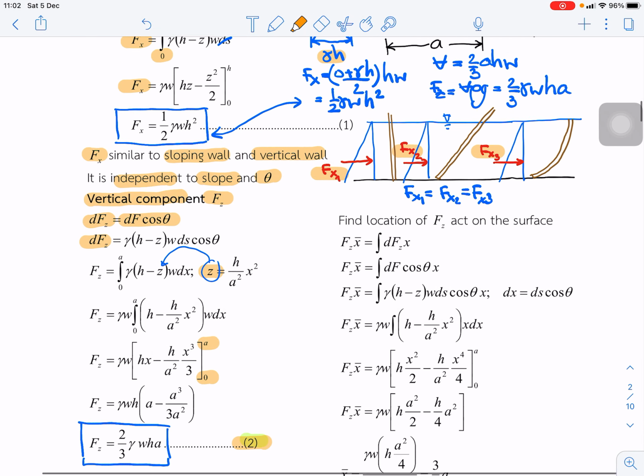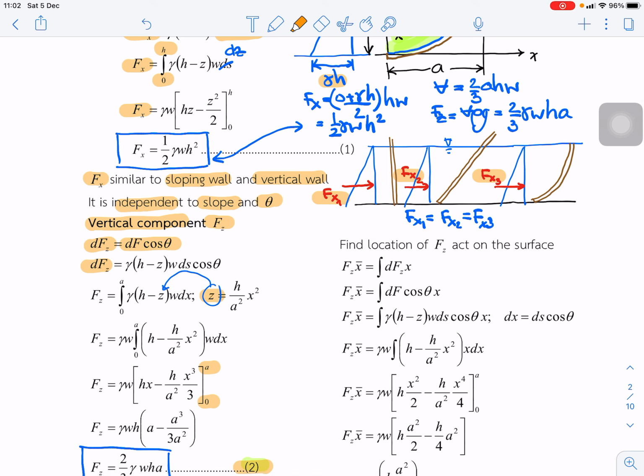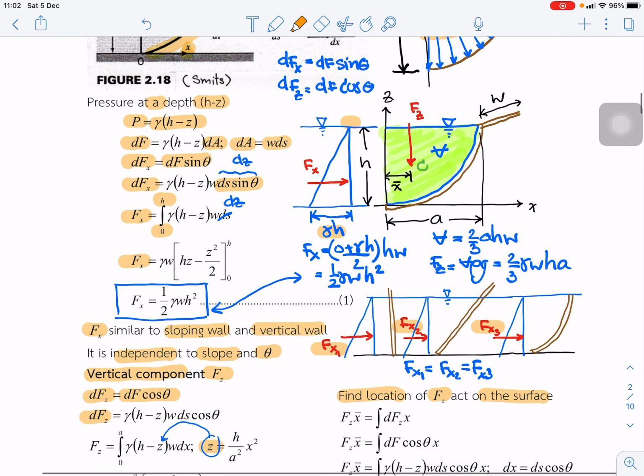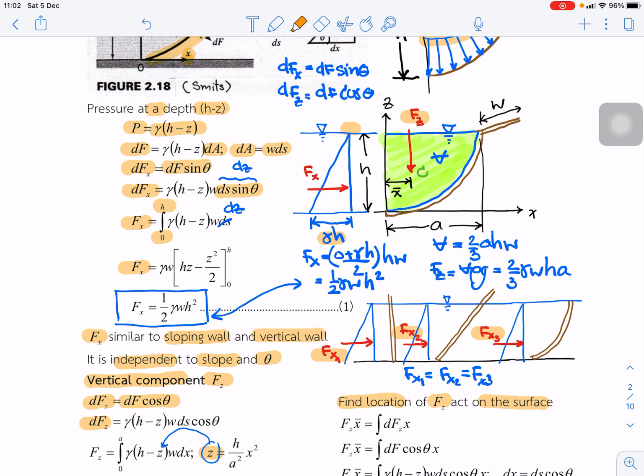Next we want to find the location of Fz acting on the surface. In this case, we know that this is Fz, and we want to know what is x bar, the location of it. The force Fz should be acting at the centroid of this area.